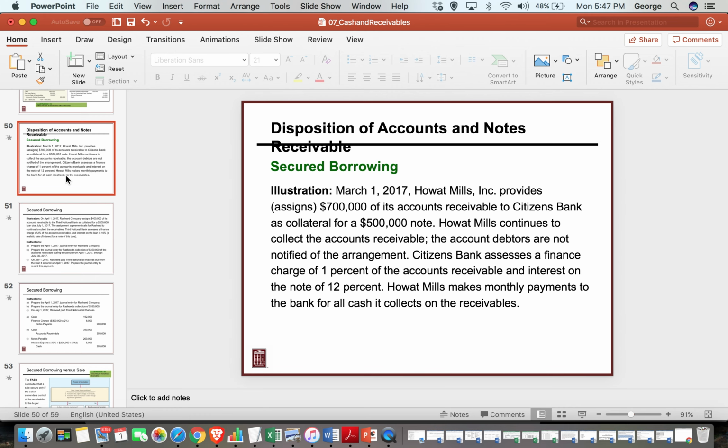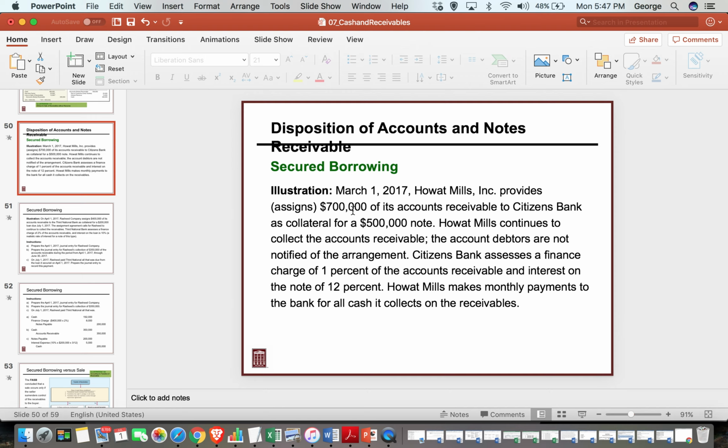All right, so on this one, the secured borrowing, notice that Howitt Mills is doing some of the work, but they're assigning these receivables to Citizen Bank. So Citizen Bank is taking a risk on whether those receivables will be collected. So they do ask for, in this case, a $500,000 note.